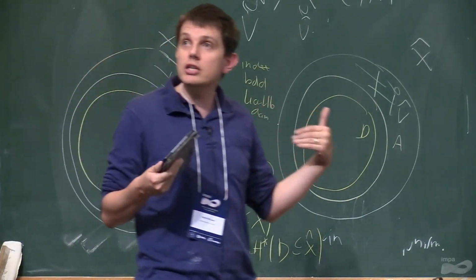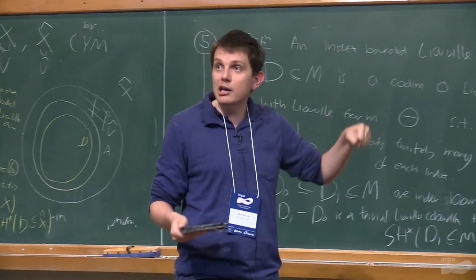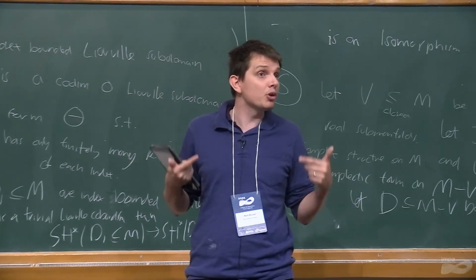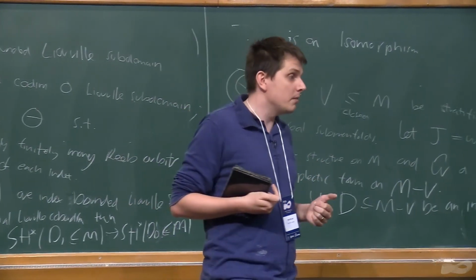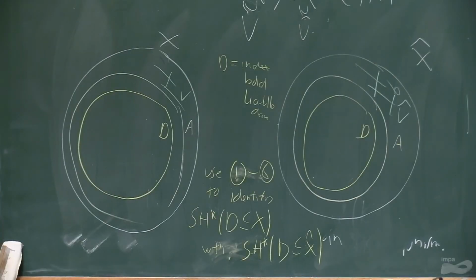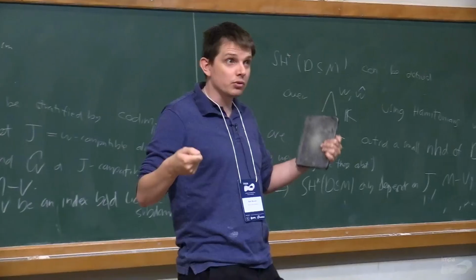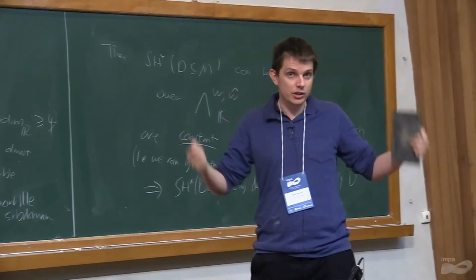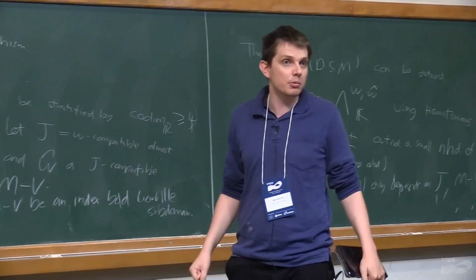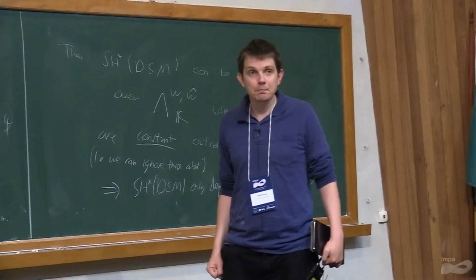If I have a normal crossing divisor, I know exactly what the Reeb dynamics look like, and I can compute the indices of the Reeb orbits explicitly. Because C1 is 0, the indices depend on the order of the canonical bundle along these exceptional divisors. And the order of the canonical class is always positive along these exceptional divisors. That enables me to prove this index-bounded property for these Liouville domains. Okay, so I'll stop there.